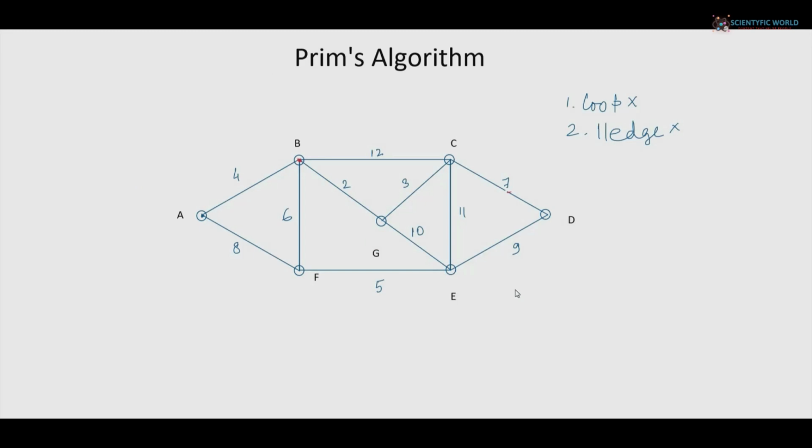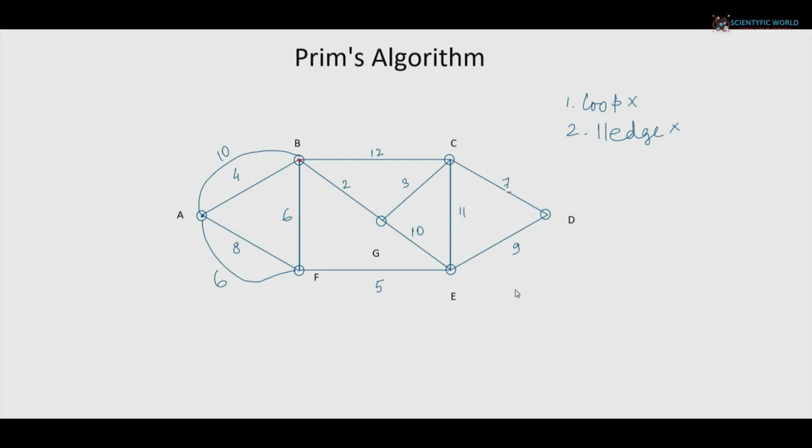Suppose we have a parallel edge from A to B which has a weight 10, and from A to F we have a parallel edge of 6. So we need to remove the parallel edges from A to B and from A to F.